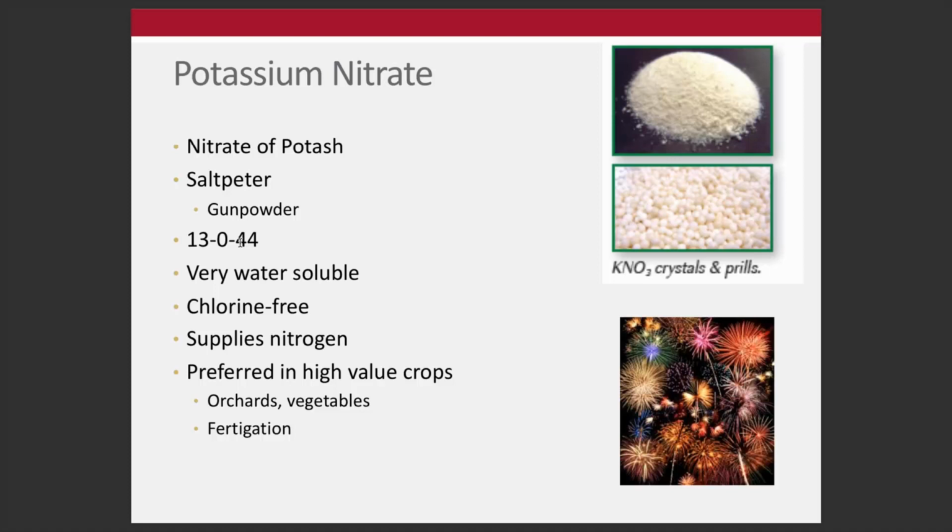Can be used very well in a fertigation system, things like orchards and vegetables that are running, say, drip irrigation or some sort of fertigation. This is the same stuff they use in fireworks displays. So pretty interesting, but it can come as powder or crystalline form, and can be prilled as well. So a number of different forms. This is a popular fertilizer.